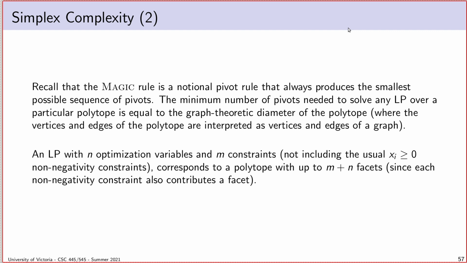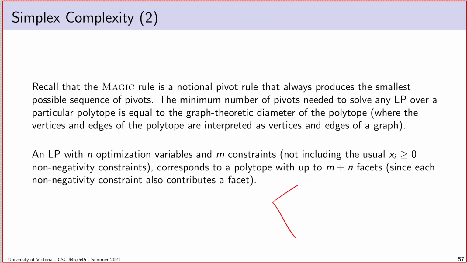And if you hand me an LP in standard form, we actually know how to decide what that polytope looks like, at least in an abstract sense. So if I have an LP with n variables and m constraints, and I mean m explicit constraints, not including the non-negativity constraints, then each of the m constraints could contribute up to one facet or face to the polytope, and each of the non-negativity constraints could also do that.